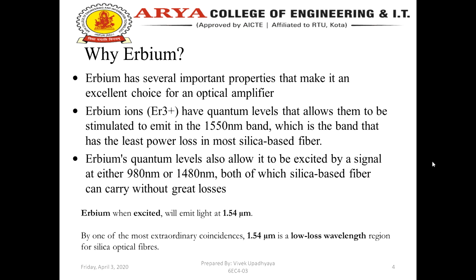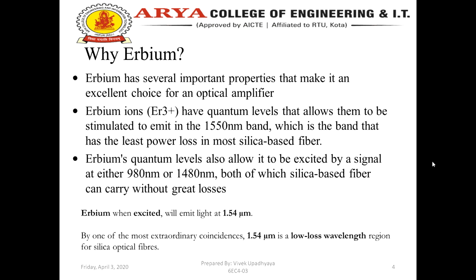Erbium has several important properties that make it an excellent choice for the optical amplifier. Erbium ions have quantum levels that allow them to be stimulated to emit in the 1550 nanometer band, which is the band that has the least power loss in most silica based fiber.